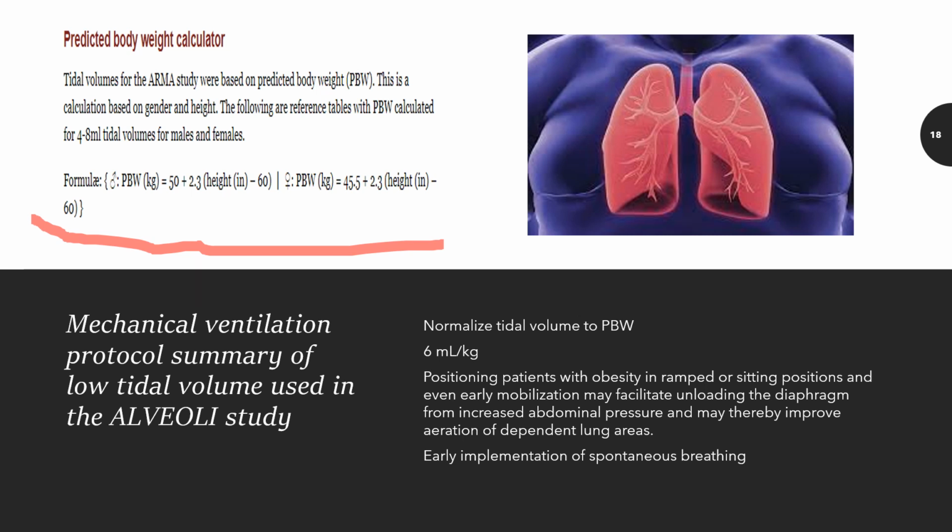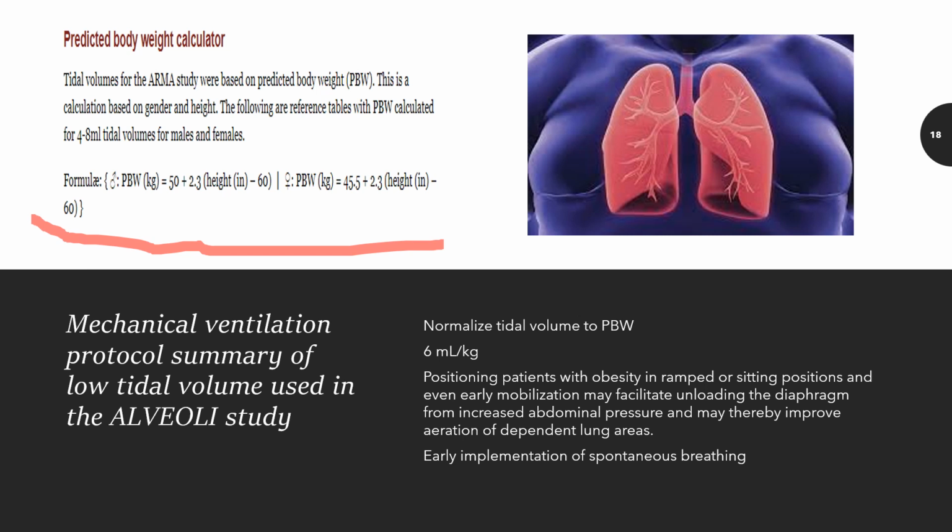Also, if you implement this very early, the patient has a better outcome. The morbidity and mortality decreases too. And another important factor is that, like I said, you calculate the predicted body weight and give them a tidal volume of about 6 milliliters per kilogram.